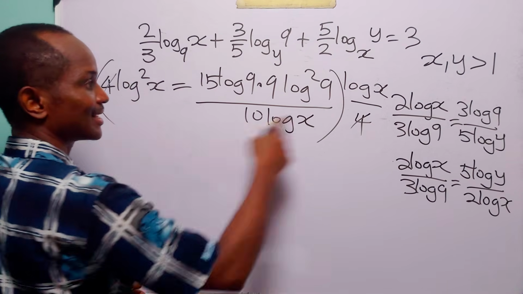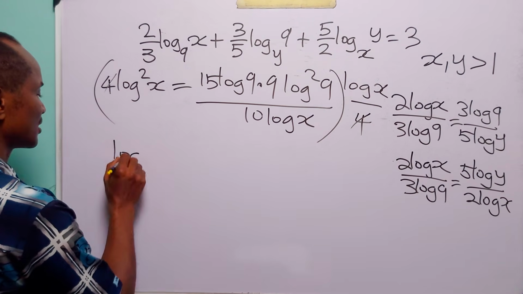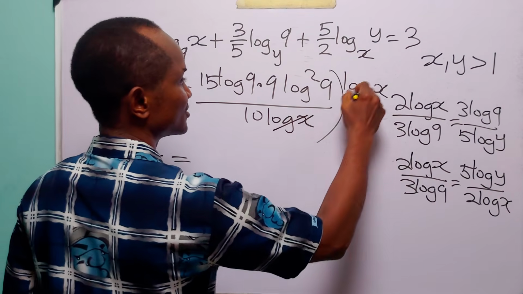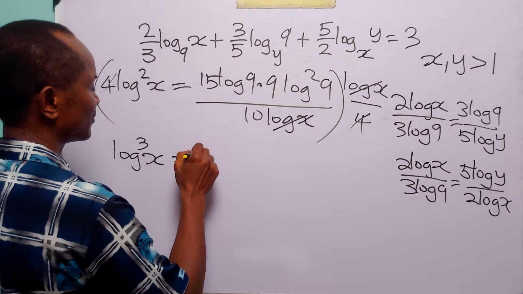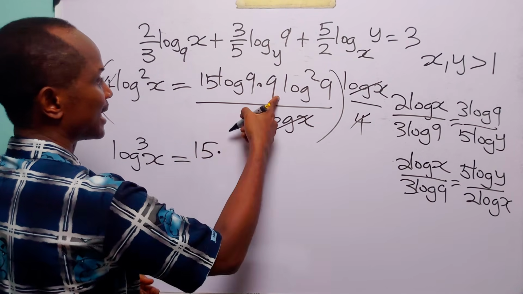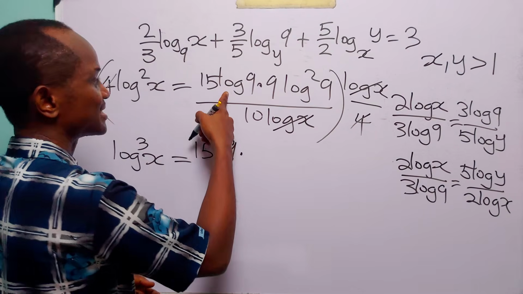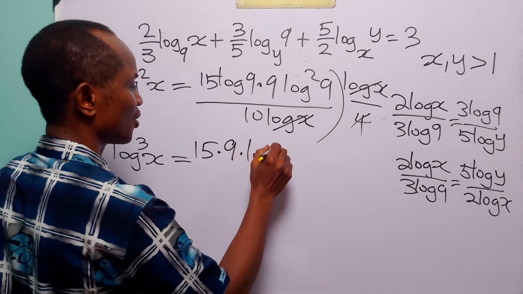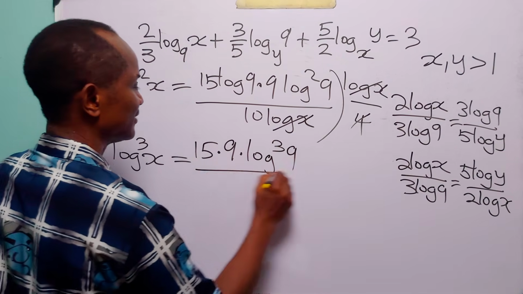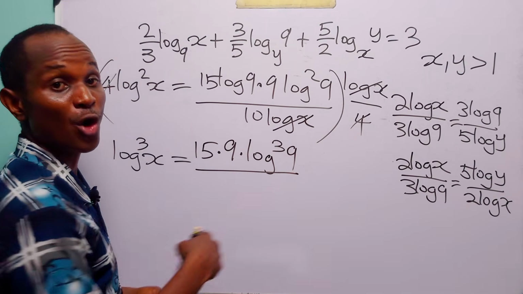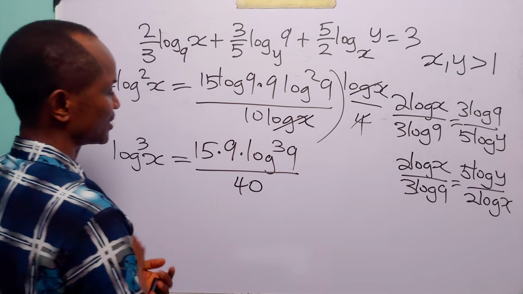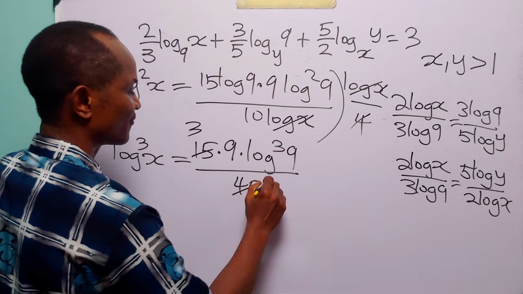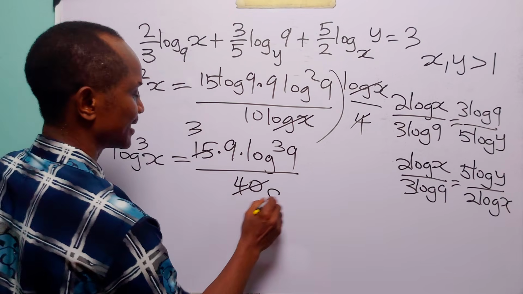Log squared x times log x is going to give us log cubed x, and this is equal to, this is going to cancel this, and we have 15 times 9 times log 9 times log squared 9, which is going to give us log cubed 9, divided by 10 times 4, which is equal to 40. 5 into 15 is 3. 5 into 40 is 8.